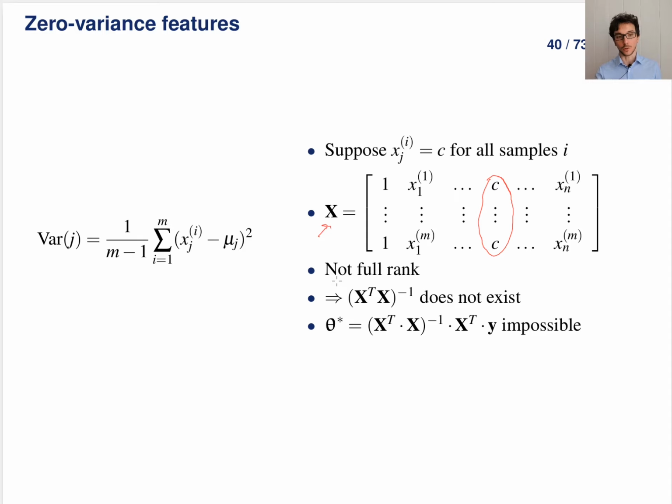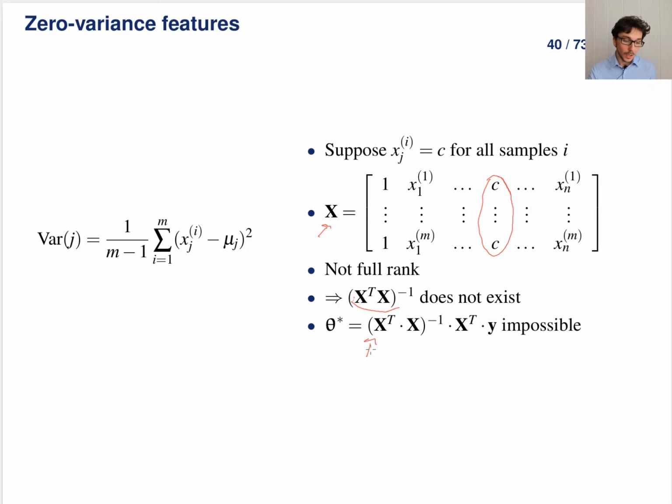It doesn't change at all. So in other words, the variance is actually 0. This means that this feature matrix has no full rank. And if you try to compute the inverse that is needed for the ordinary least squares equation to compute the optimal parameters, you cannot compute the inverse.